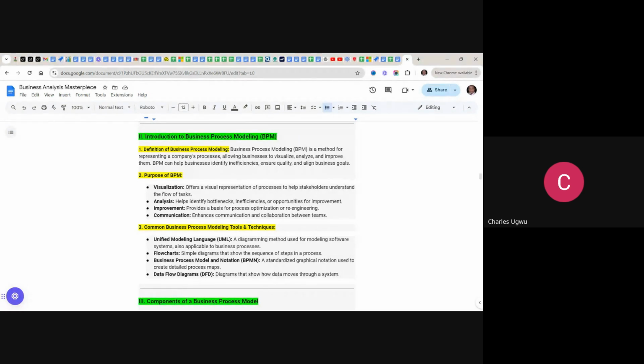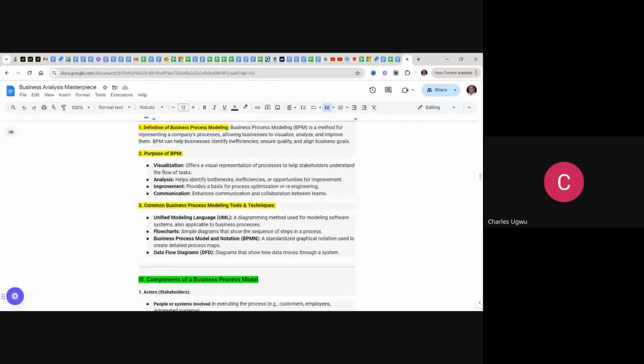So we have common business process modeling tools and techniques. We have UML, the Unified Modeling Language. This is a very important language for the business analyst. It's the way business analysts communicate.